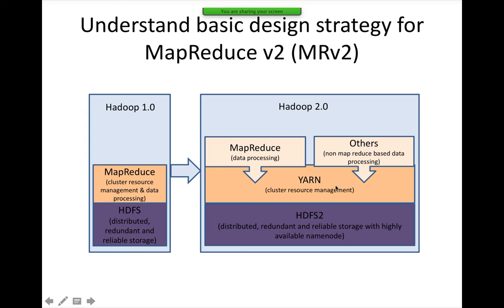And when it comes to MapReduce and Yarn, MapReduce as an execution framework in Hadoop 1 takes care of both cluster resource management as well as job management or data processing. Job management and data processing mean the same here. Whereas in Hadoop 2, resource management and data processing are decoupled.